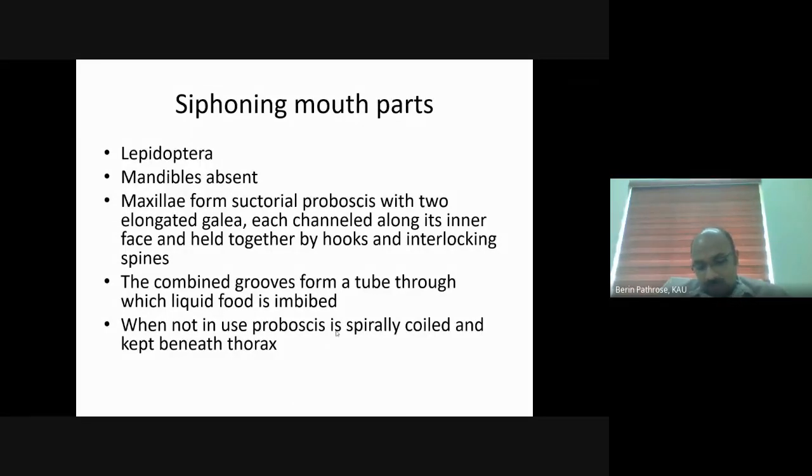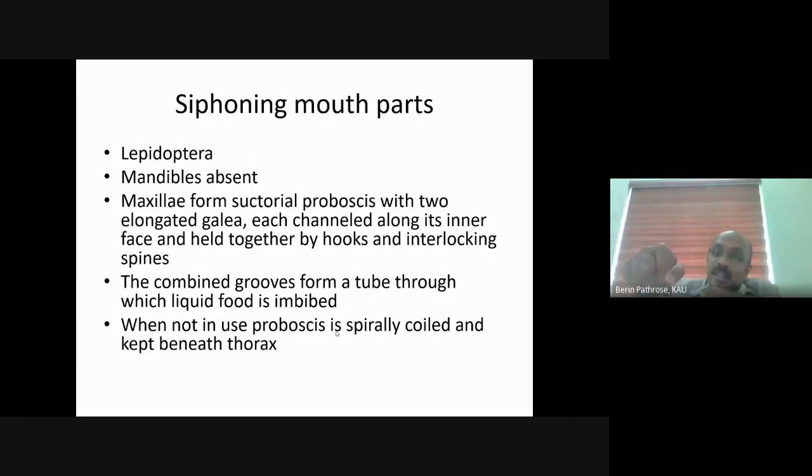So that is in the case of siphoning mouthparts. One thing with respect to siphoning mouthparts is that it is an elongated structure, because you have seen certain flowers where the corolla is extremely deep.